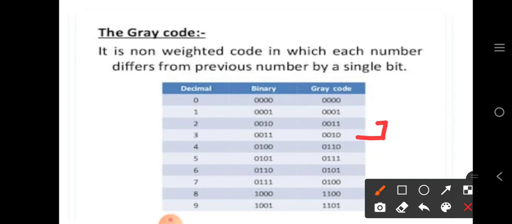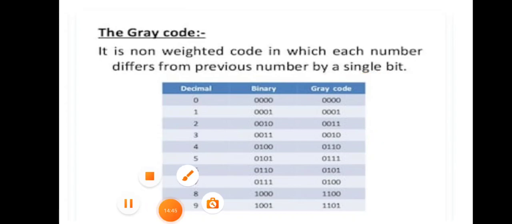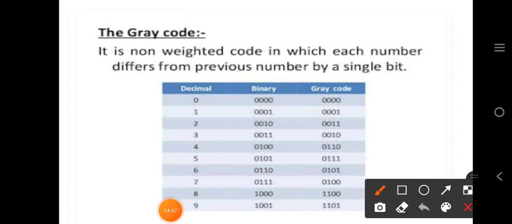It means the difference is of a single bit. Now the next one, 0110 and 0111, here only the last bit is changed from 0 to 1. So here also the difference is of a single bit.